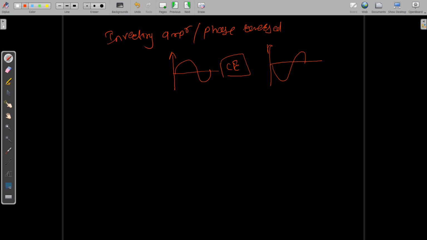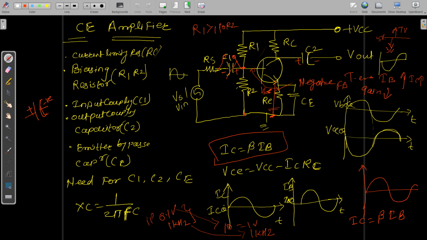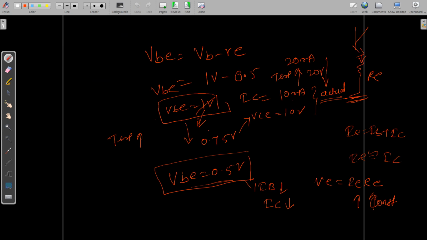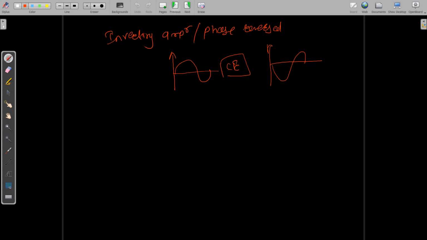We know that if you see the circuit and apply KVL at the output side, what I can say is VCC minus ICRC minus VCE equals 0. For the sake of simplicity, I have assumed that there is no IE and no RE.